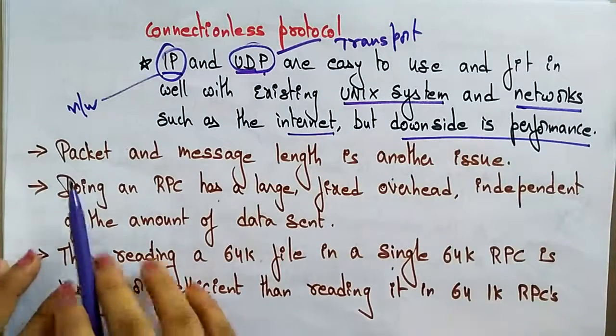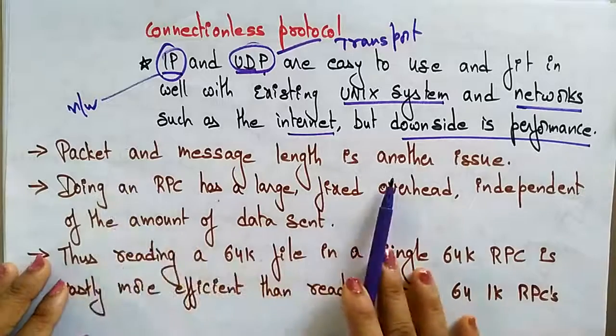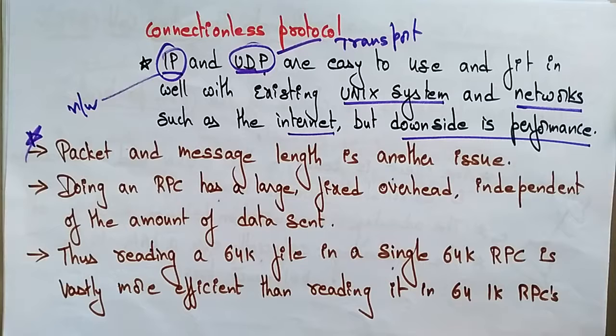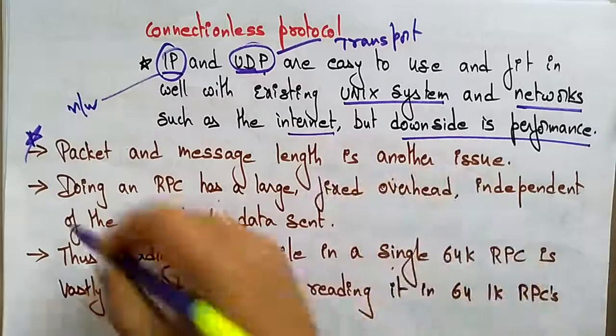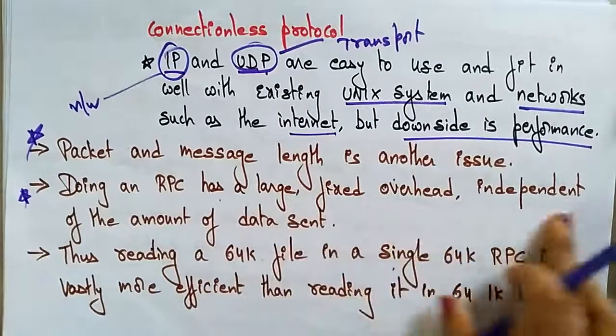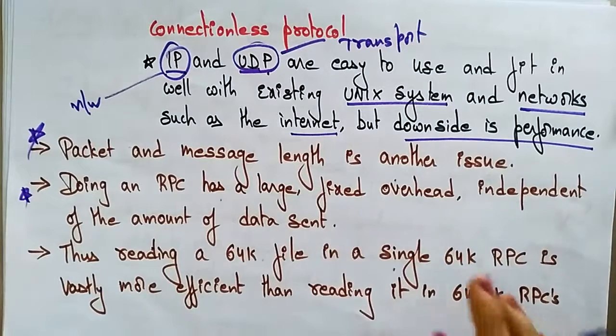Another issue in the RPC is the packet and message length. How large a packet are you sending from the client to the server, or how much data are you requesting from the client by using the remote procedure call? Next, doing an RPC has a large fixed overhead independent of the amount of data sent.